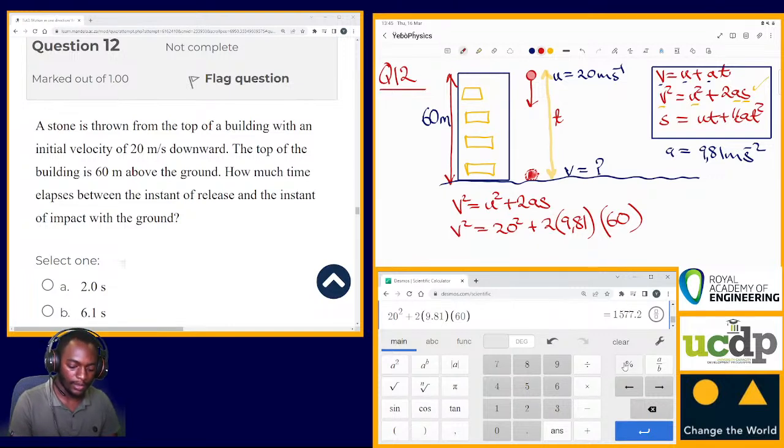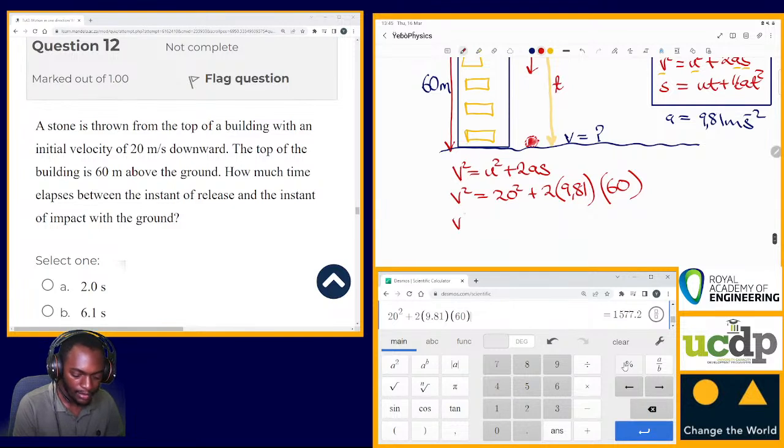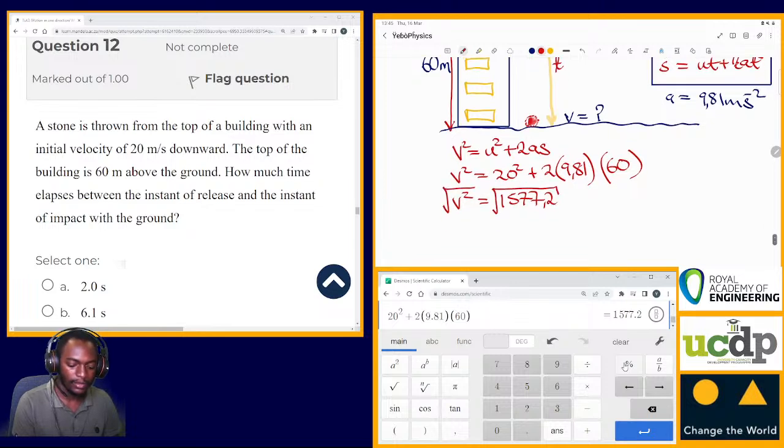So V squared is equal to 1577.2. Then square root everything to find V.